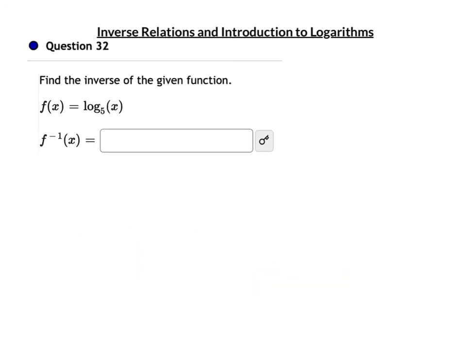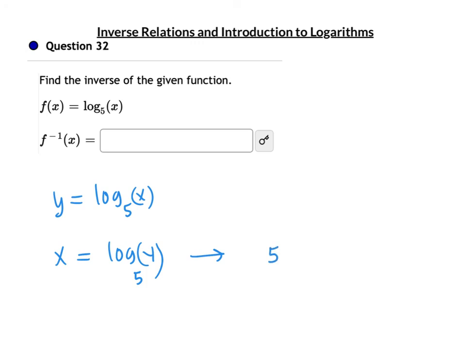And our last one, find the inverse of this function. This is y equals the log base 5 of x. To find the inverse, we'll swap the variables. X equals the log base 5 of y. And we'll write this as an equivalent exponential expression.